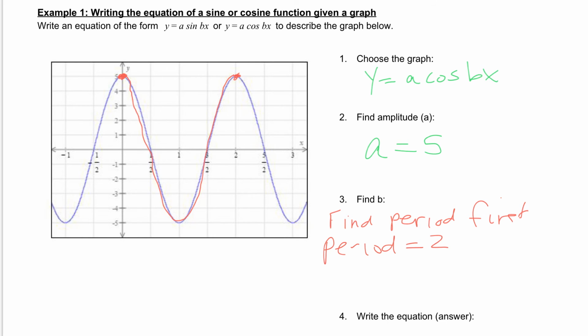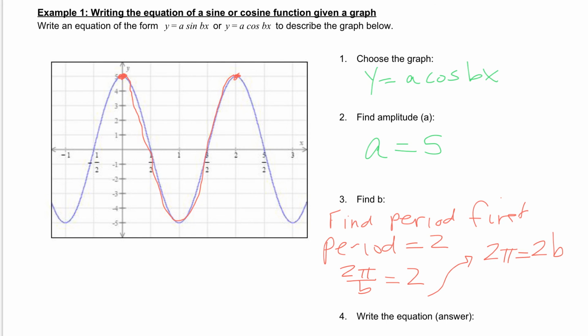So we know period equals 2. The formula to find the period is 2 pi over b, so we know that 2 pi over b in this case is equal to 2. And then we need to solve for b. To solve for b, we would multiply both sides by b. So we would get 2 pi equal to 2b.